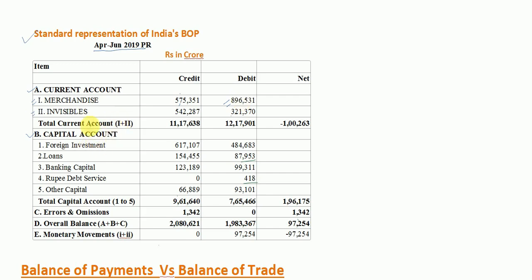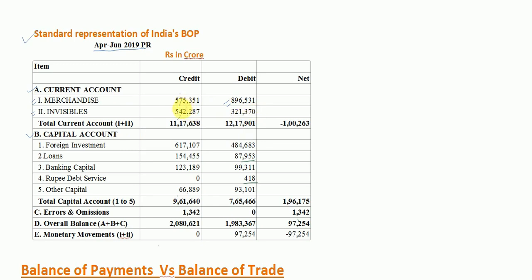On the other hand, India receives 5,42,287 crore from the foreign countries by exporting its invisible items such as services like transport services, insurance, banking, etc. On the other hand, under the same subcomponents, India has a payment of 3,21,370 crore rupees.